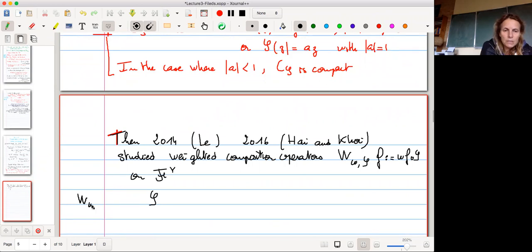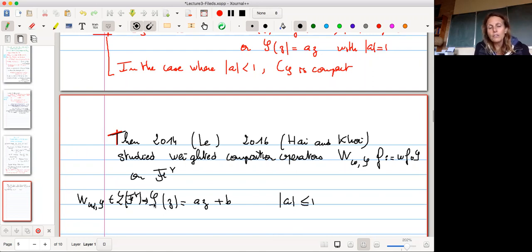For any weight, so in particular for a weight equal to 1, if this is bounded, it implies that the symbol must be of the form az plus b with this condition.